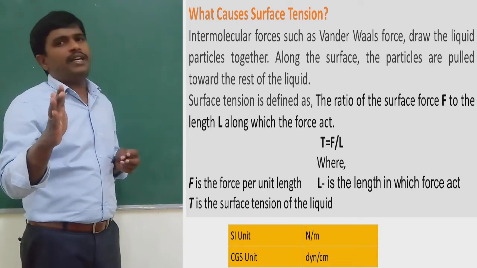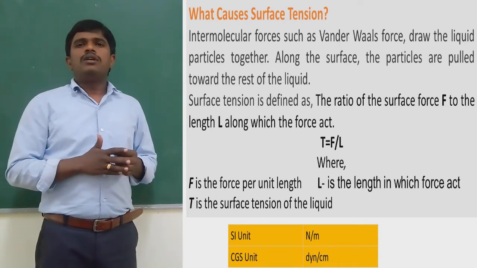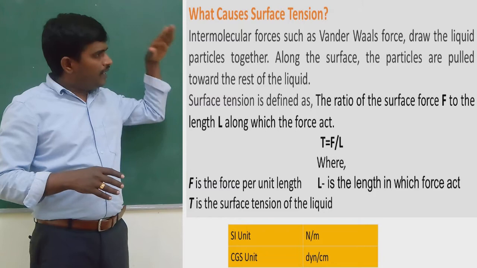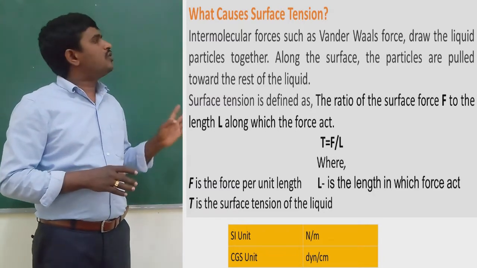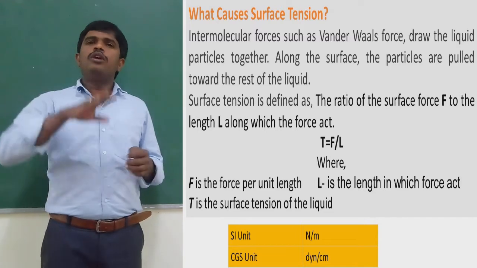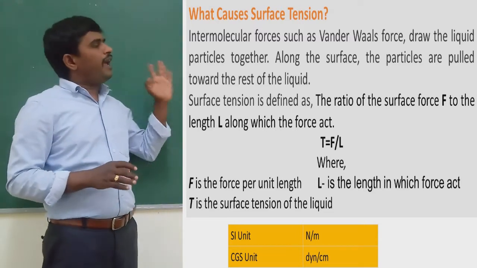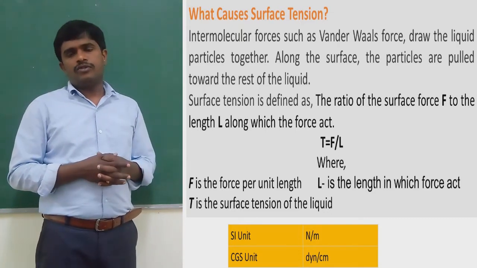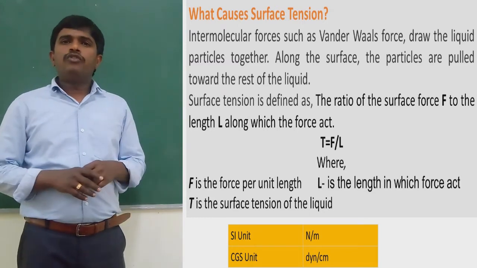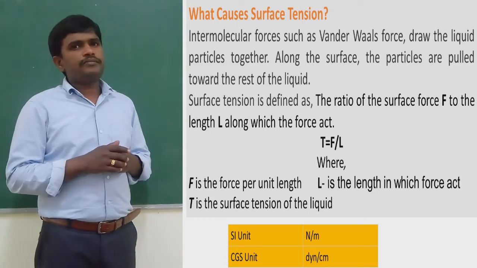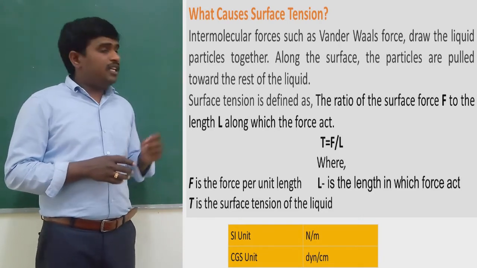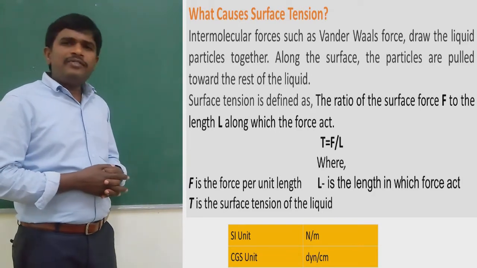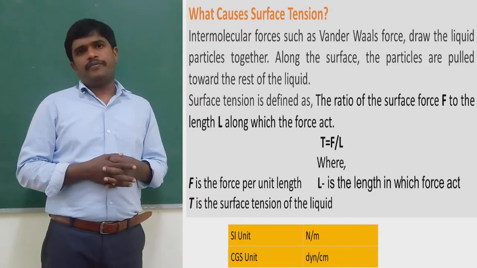So, surface tension here can also be defined as the ratio of surface force to the length L along which the force acts. Mathematically, this is represented as T = F/L, where F is the force, L is the length along which the force acts, and T is the surface tension of the liquid.